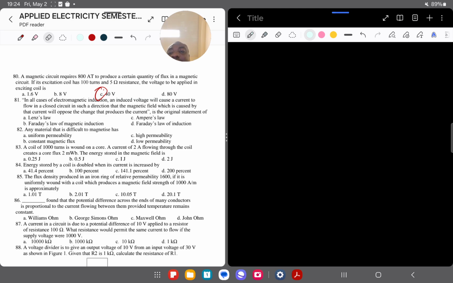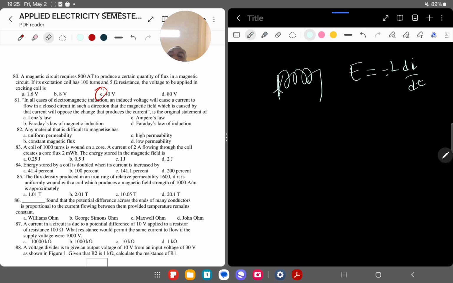Lenz's law is just saying that if you have a coil, and then you have the rate of current that is flowing through the coil, and due to that, as a result, you get an induced EMF in the coil, which we refer to as minus inductance and rate of change of current. Now, that's where the negative here comes from.